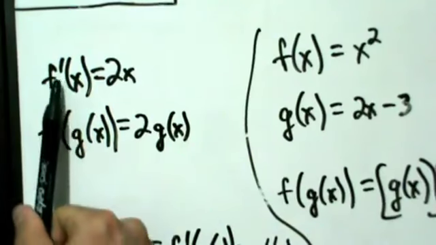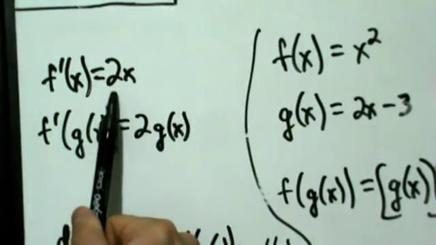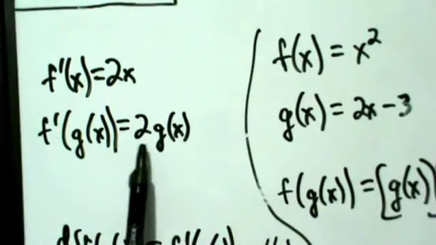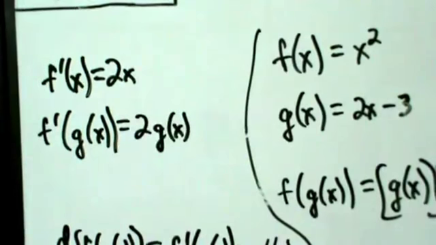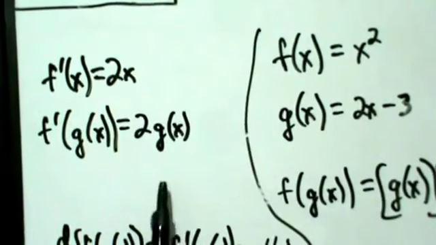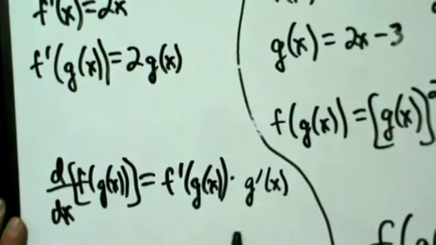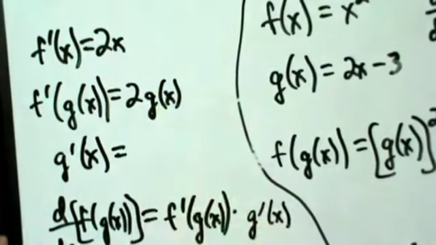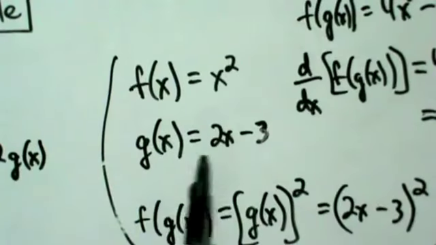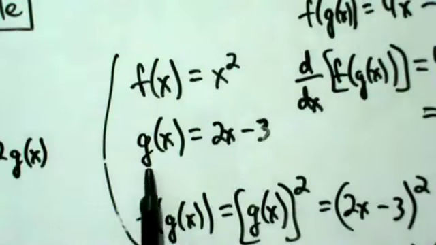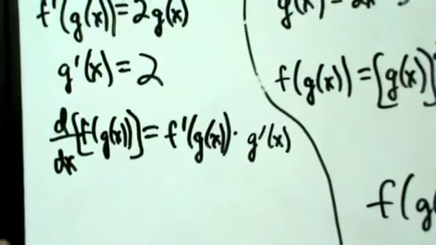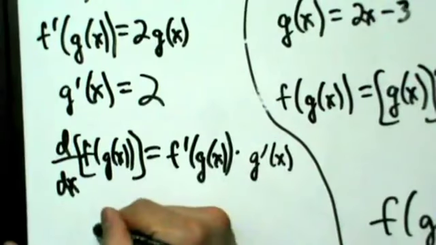F primed of a thing is 2 times that thing. F primed of g of x is 2 times g of x. We have to simplify that a little more and expand it, but we'll do that down here. Anyways, what's g primed of x? Well, g of x is 2x minus 3, so g primed of x is just 2. So now let's take these and put these down here.